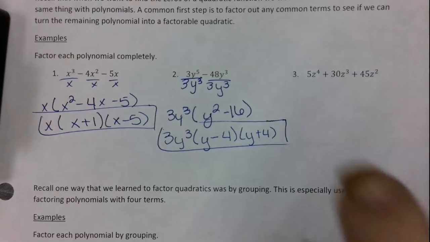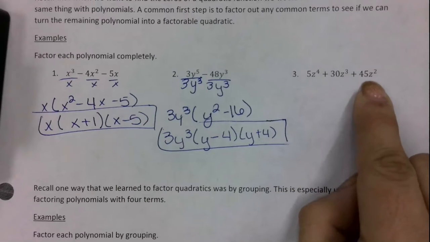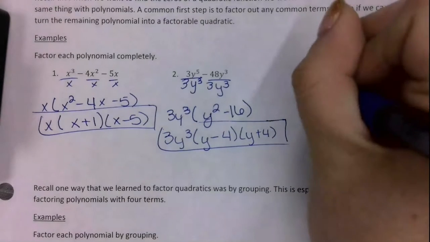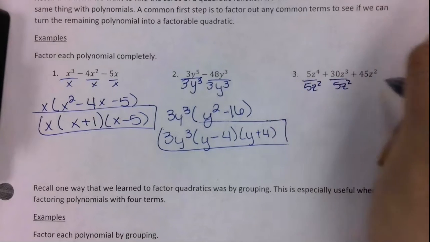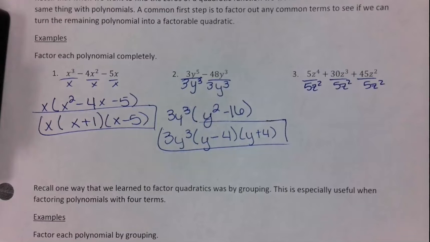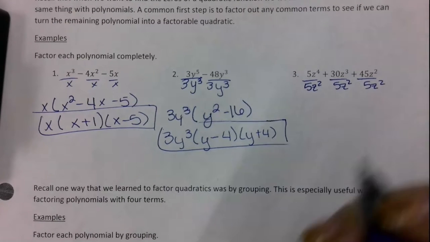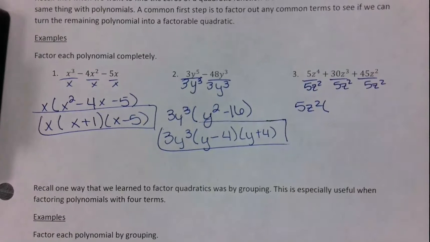Okay. So what goes into 5z to the 4th, 30z cubed, and 45z squared? 5z squared. Okay, so I write the 5z squared that I divided by out front.